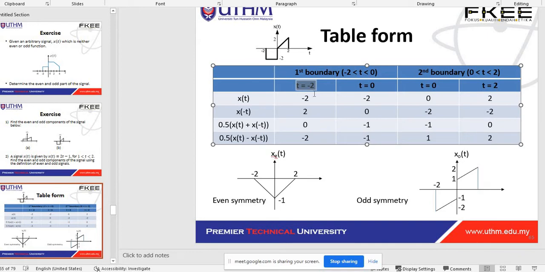That's why you have -2 and -2. And then for 0 to 2, this part, I have a different value. So when t equal to 0, what is the value? 0. And when t equal to 2, what is the value? 2. So you have 0 and 2. This one, understand?